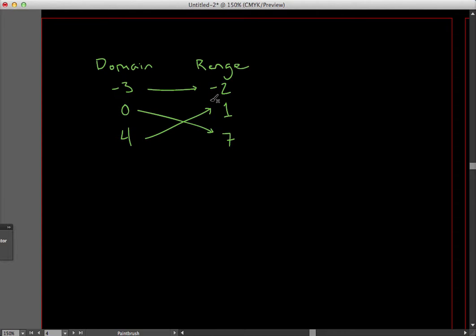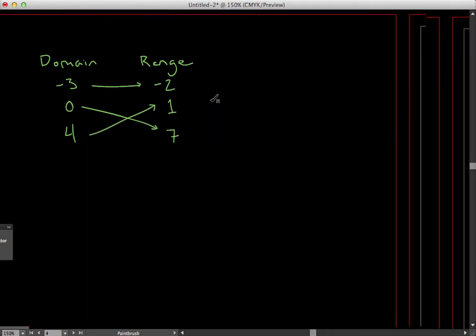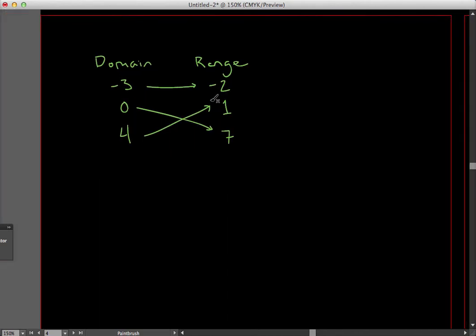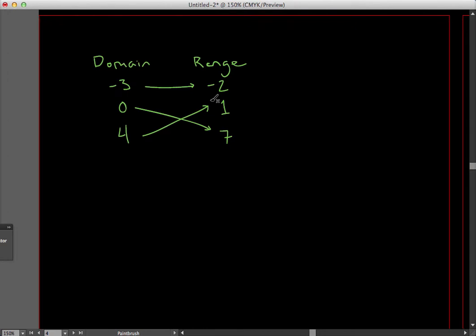One element of the domain is corresponding with exactly one element of the range in each point here. So the -3 corresponds with just the -2, the 0 corresponds with just the 7, the 4 corresponds with just the 1. So this relation is a function.